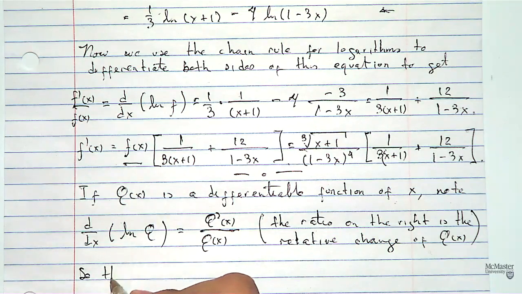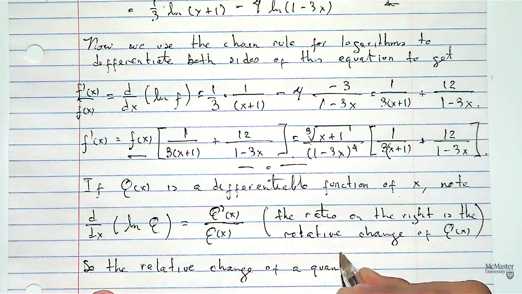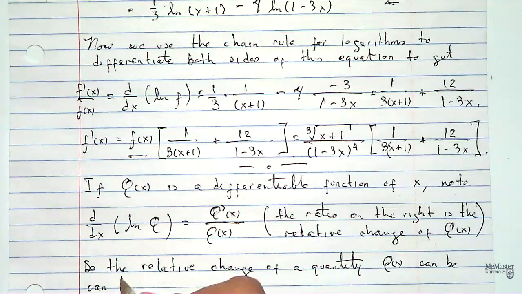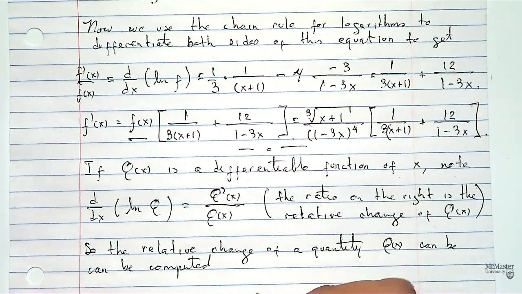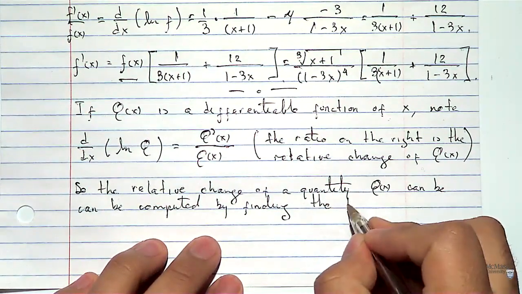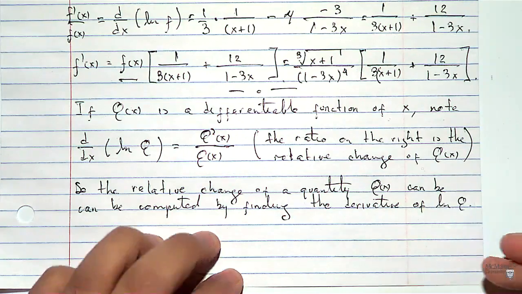what we have is that the relative change of a quantity q of x can be computed by finding the derivative of natural log of q, right?